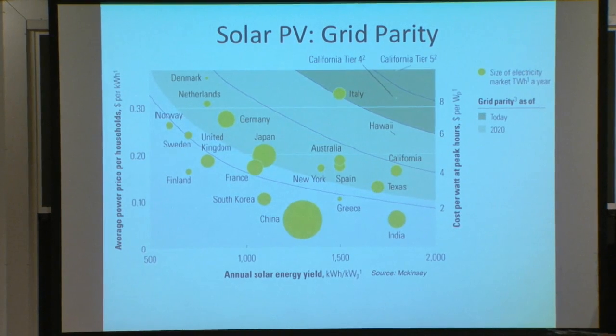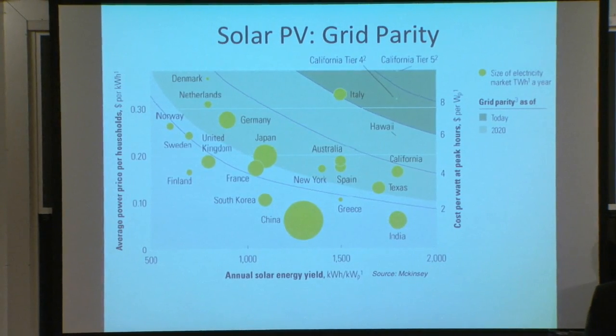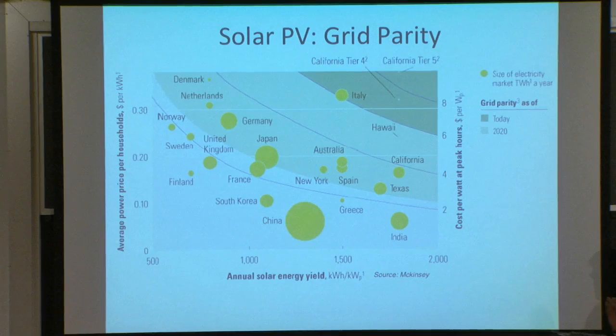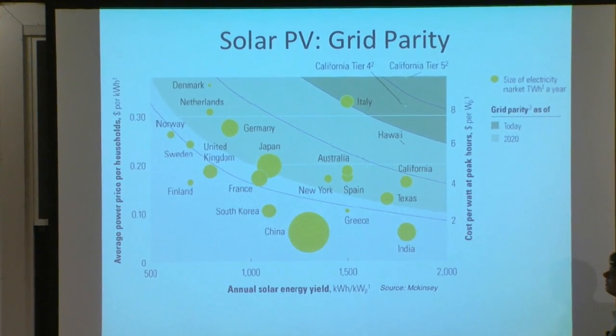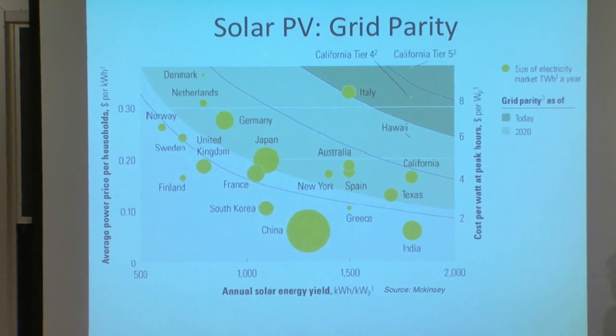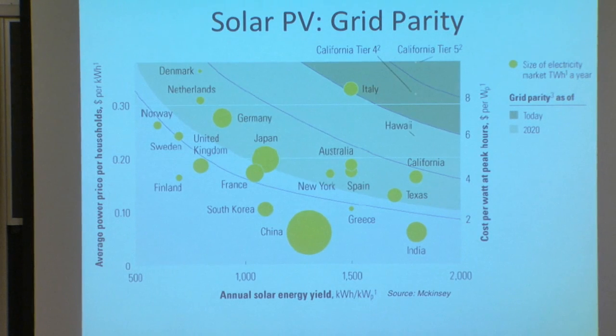Now, you've got to look at it a little bit more carefully. Sometimes you see these broad brush statements, but the issue here is one of grid parity. So it's about the cost of the electricity where you are. And that is quite variable, right?